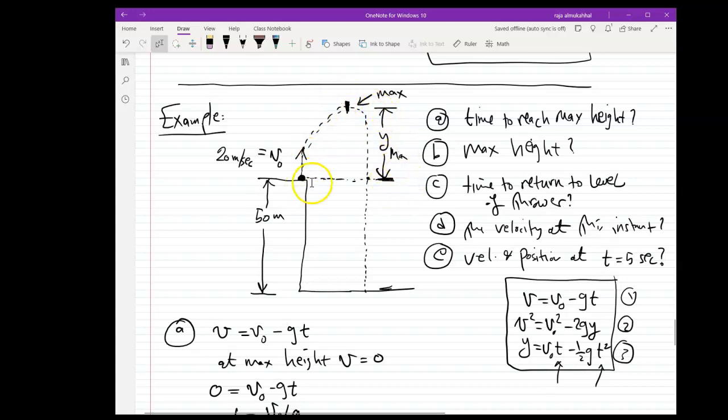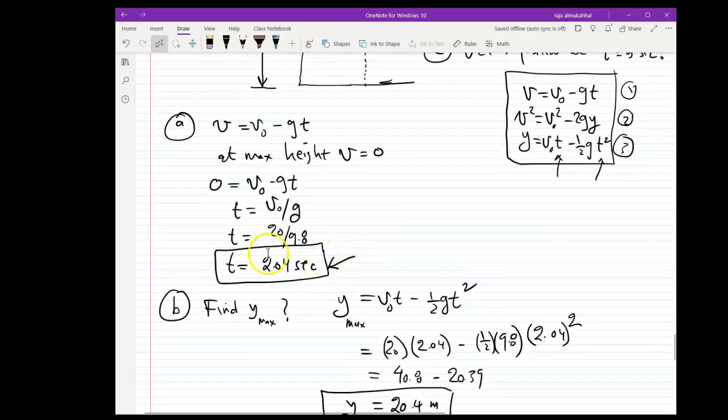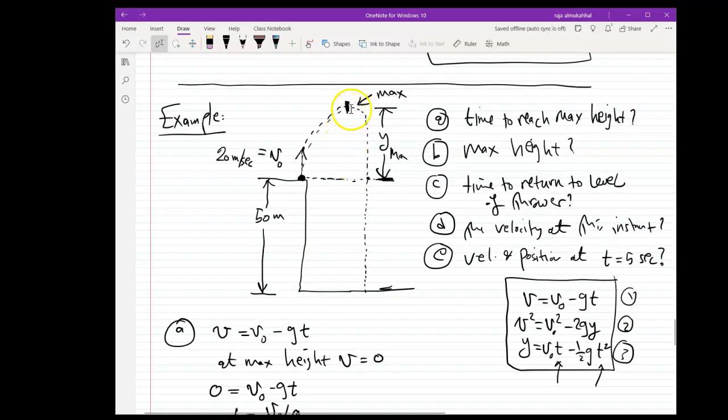It's like an upside down parabola. So if the time to reach the maximum height is 2.04, that's another 2.04 here. So the double of that would be 4.08.